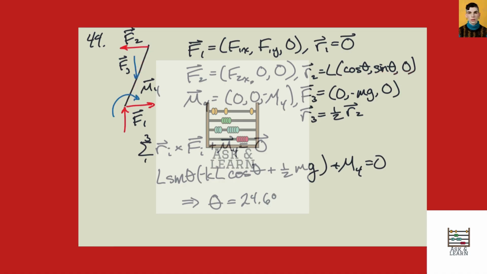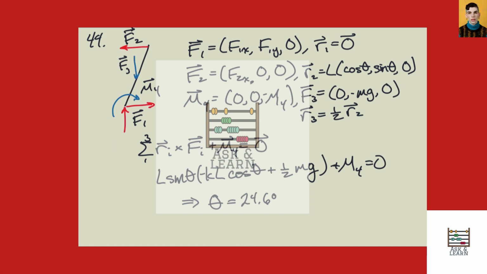And then the weight is minus mg, and the position is just half of the position here, so it's a uniform bar, halfway up the length. And then we have a point moment acting in the clockwise direction. So counterclockwise would be positive here if this is x and y.